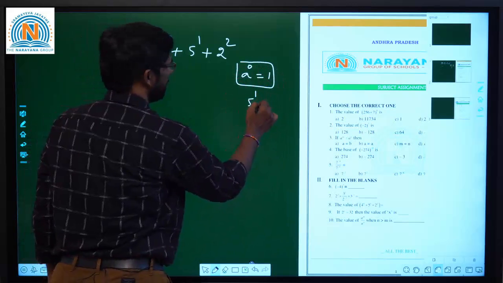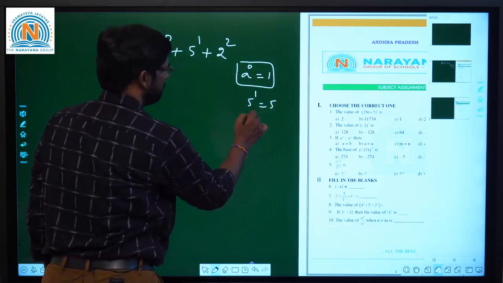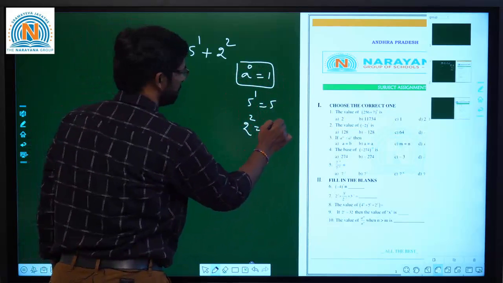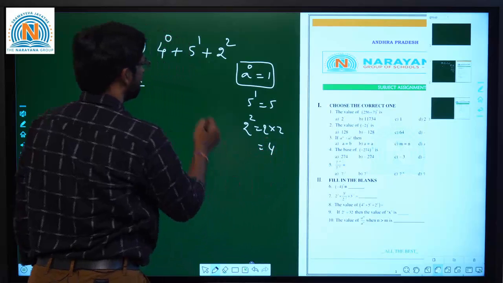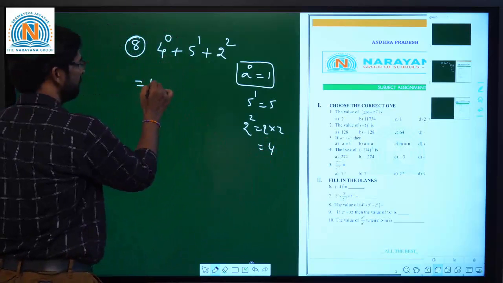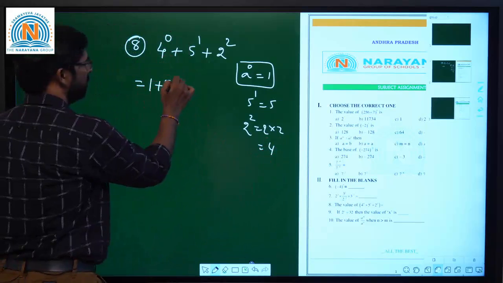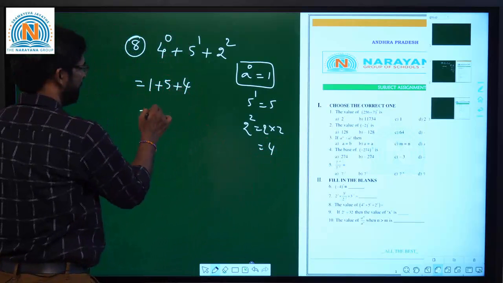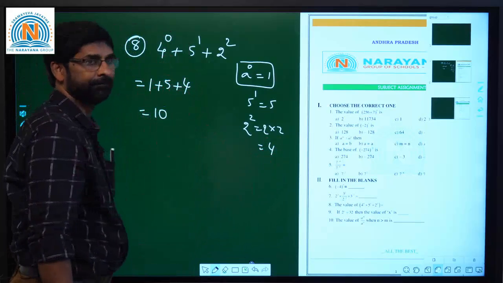So 5 power 1 equal to 5. 2 square equal to 2 into 2, you get 4. So now substitute the values 1 plus 5 plus 4. You get result is 10.